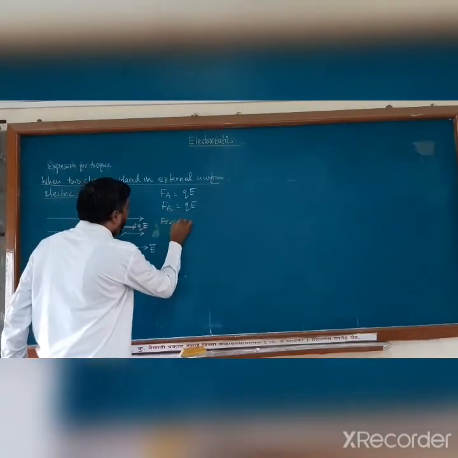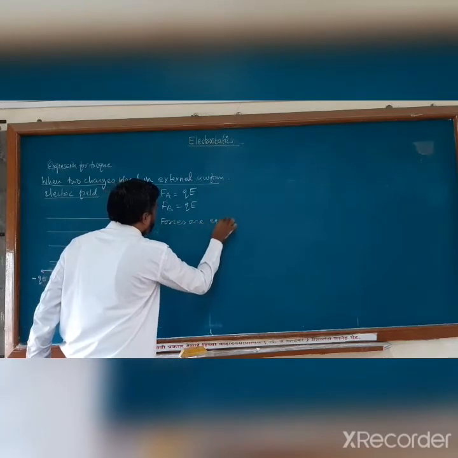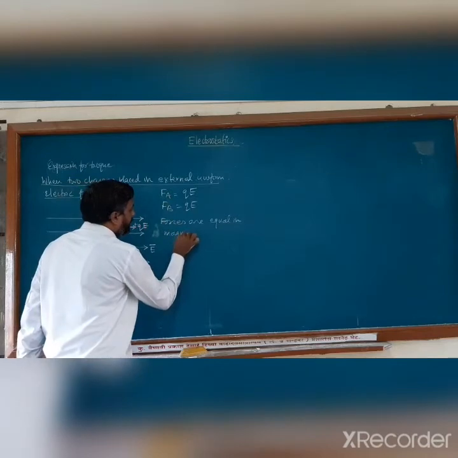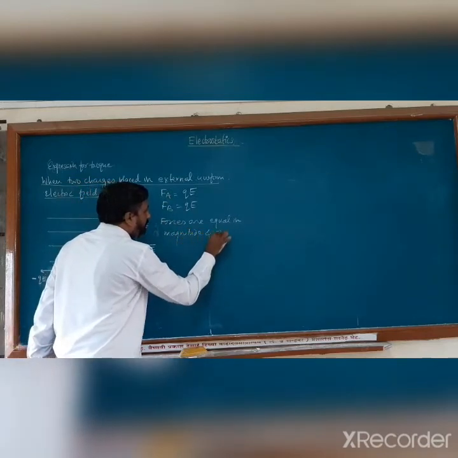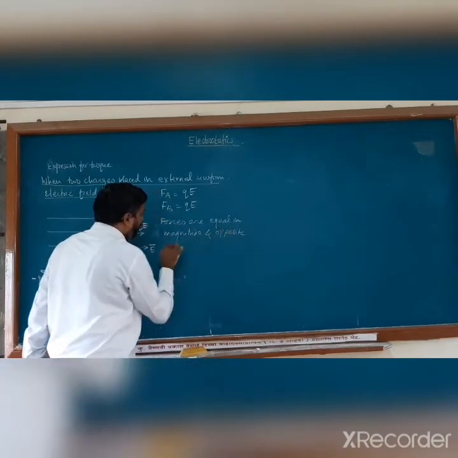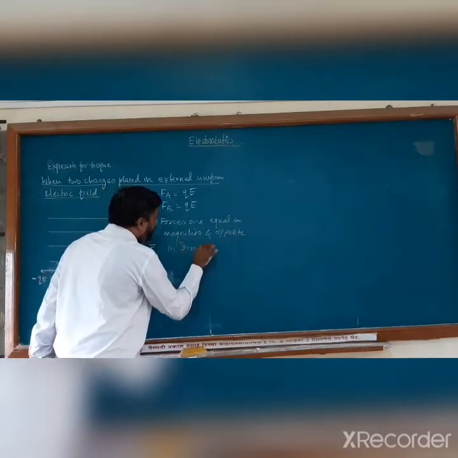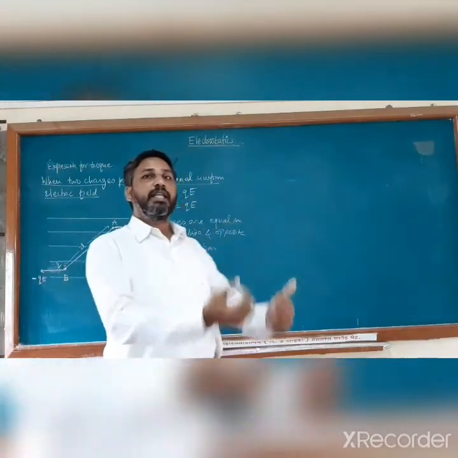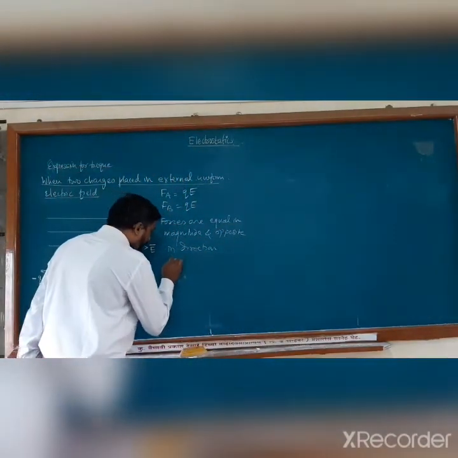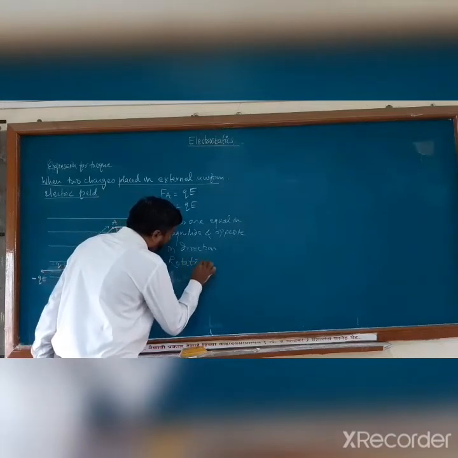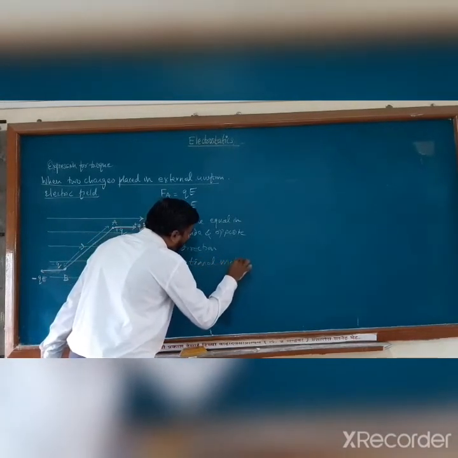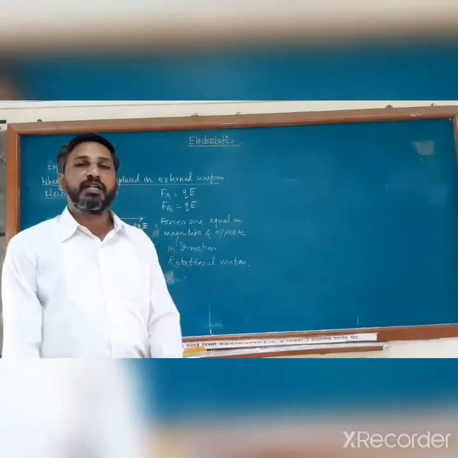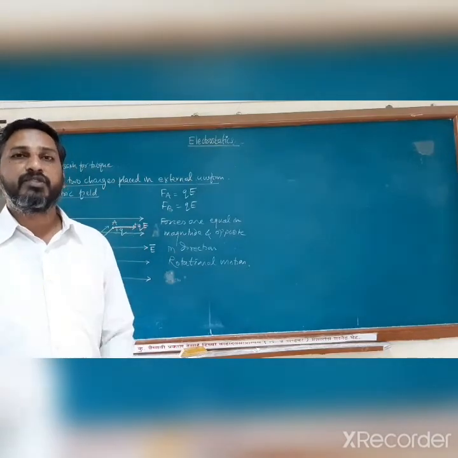So I am writing here, the forces FA and FB are equal in magnitude and opposite in direction. If two forces are equal in magnitude and opposite in direction, then they produce pure rotational motion.